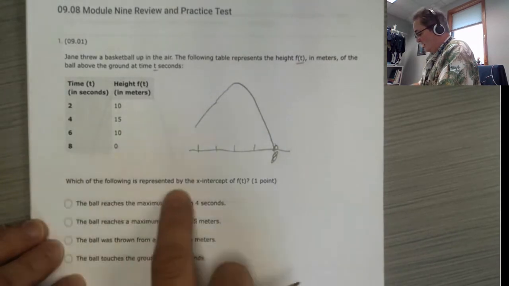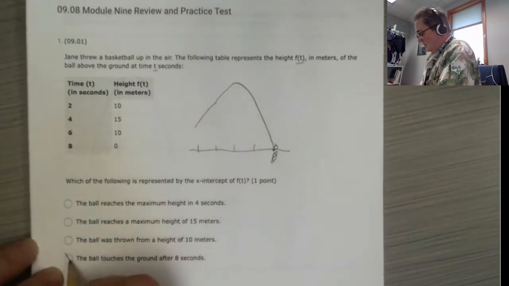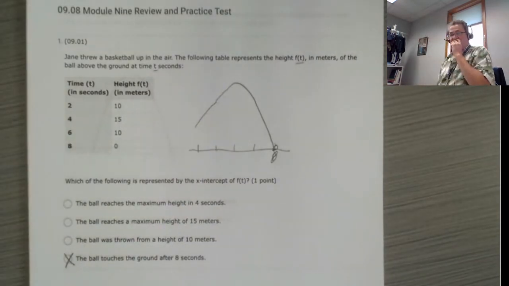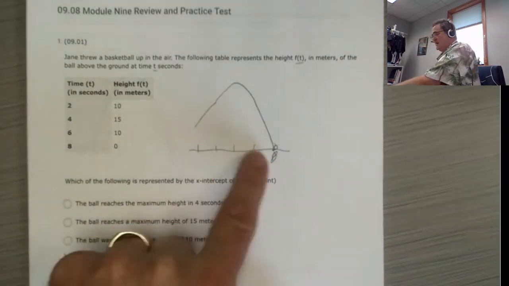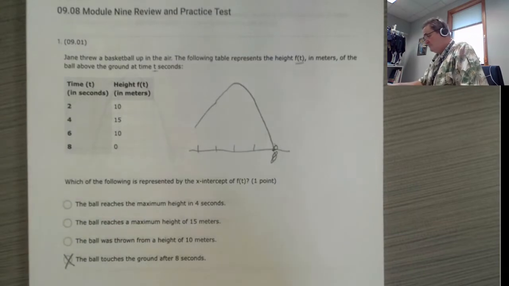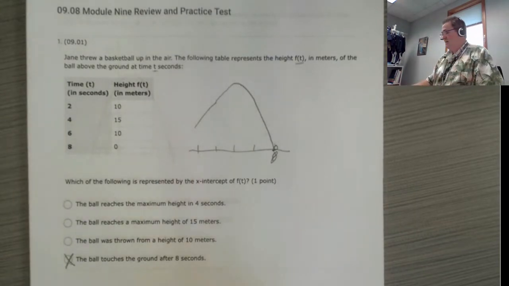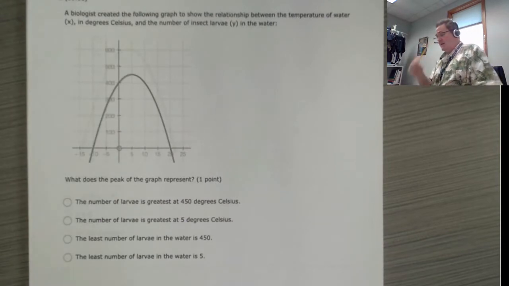What's happening? The x-intercept is when the ball touches the ground, right? The height is 0. That's the x-intercept. That'd be at 8 seconds, the ball will touch the ground. All right, don't make it harder than it is. It's not too bad if you just read it and think about what it's telling you.